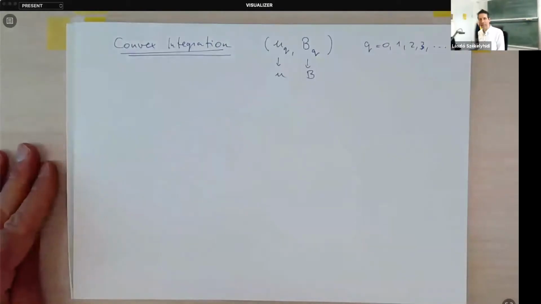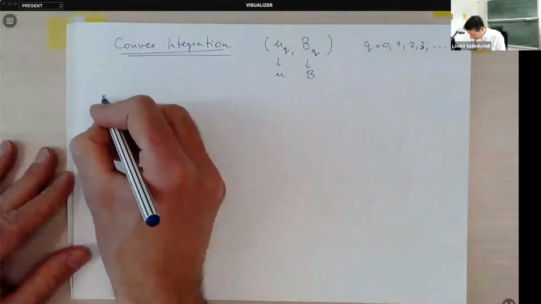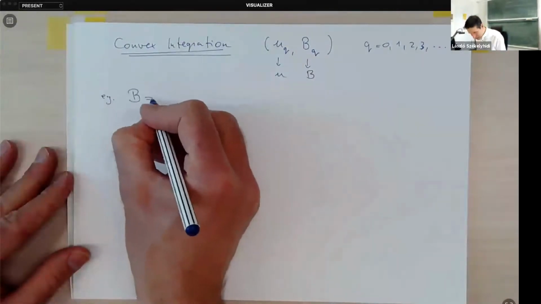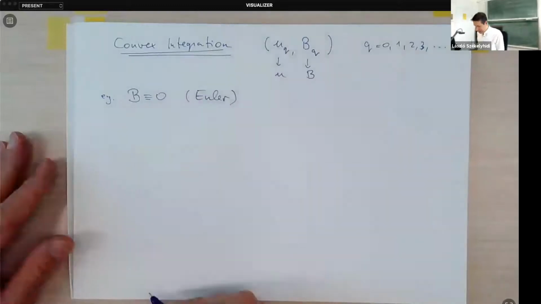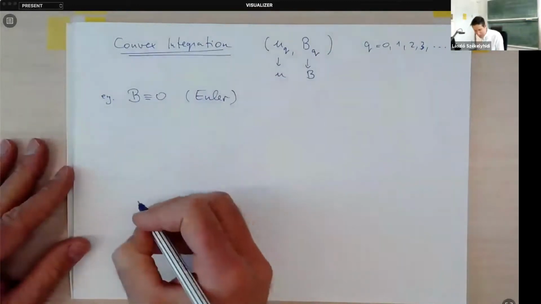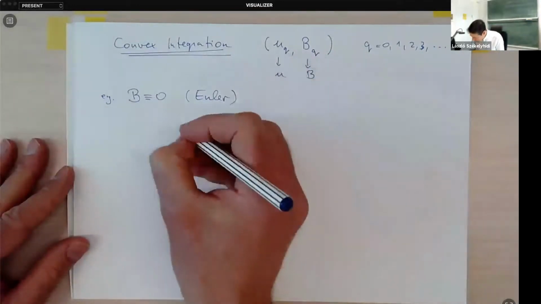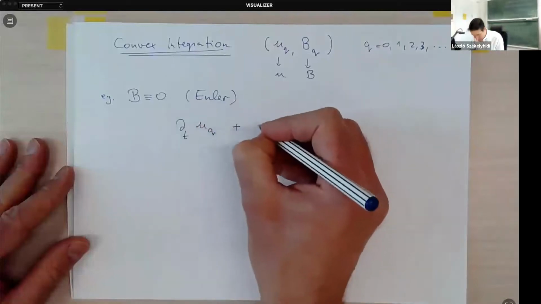More precisely, let me just focus on the case of Euler for the moment. If B is identically equal to 0, then we are just dealing with the incompressible Euler equations. And at step q, what we have is an approximation, which we write in this way.